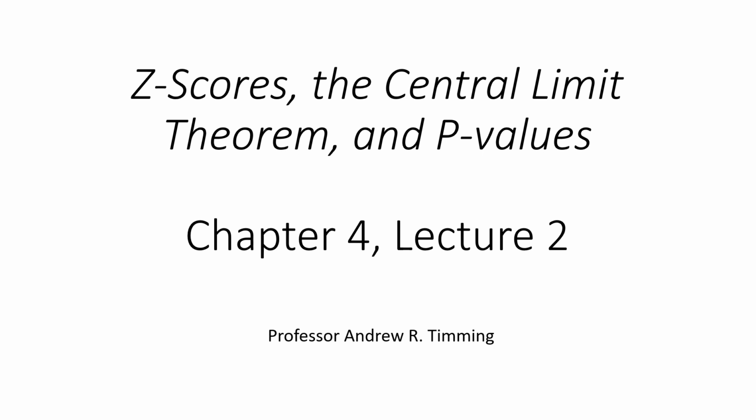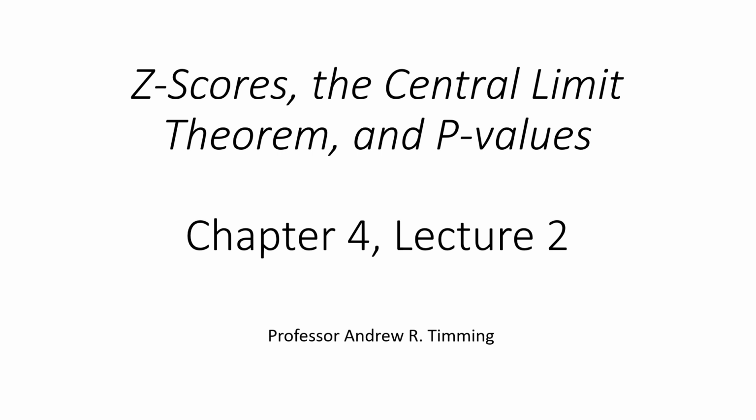So we'll learn a little bit more about the normal curve and the theoretical mechanism that we use to generalize from a sample to a wider population. In this lecture, we will first look at what are called Z-scores. These are standardized scores that we can use to describe where a data point sits on a normal distribution in relation to the mean.